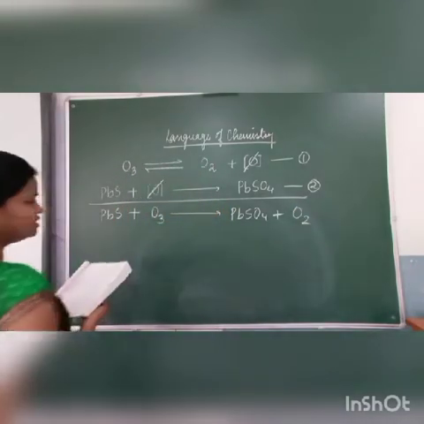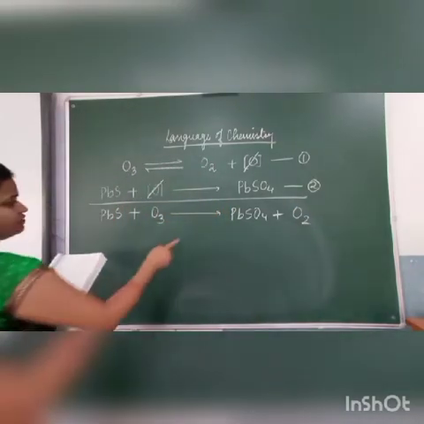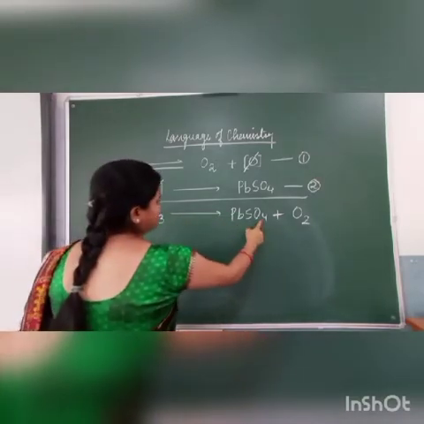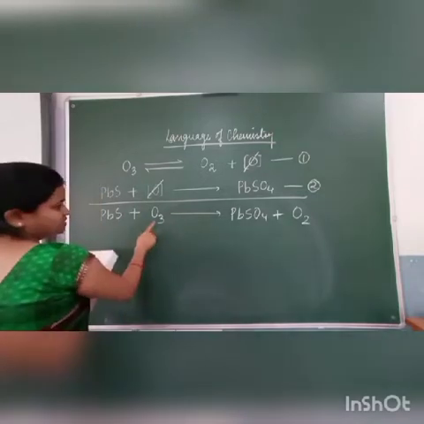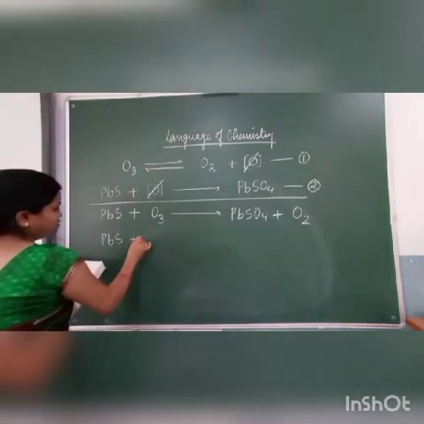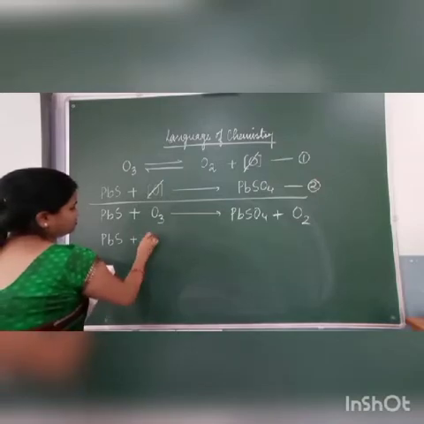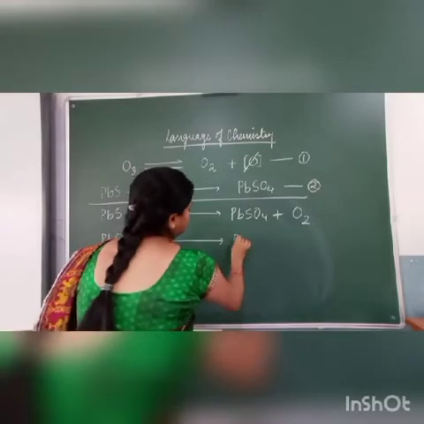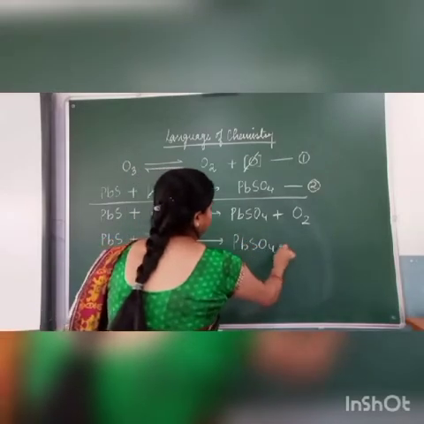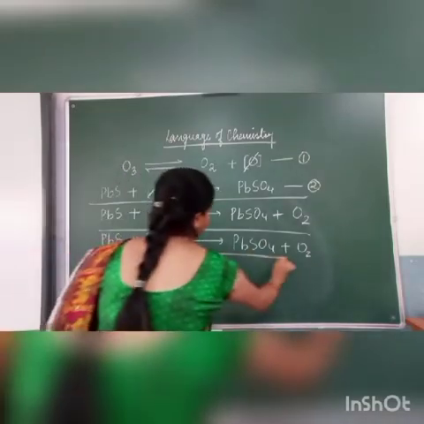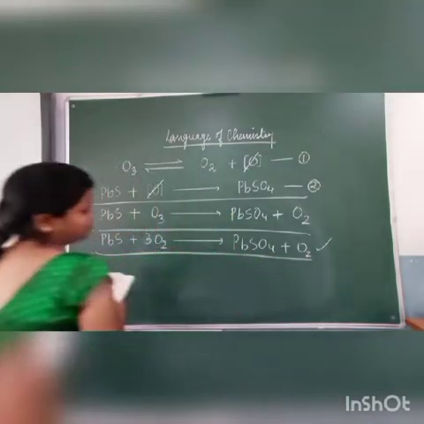Now you see whether it is clear or not. There is 1 lead, 1 sulfur, but here oxygen is 6. This means we will write the ozone like this: PbS plus 3 molecules of O2, then it will be PbSO4 plus O2. This will be the equation, and further it will be balanced.